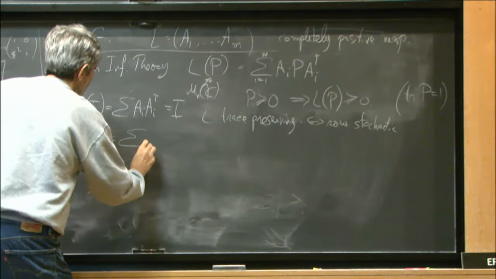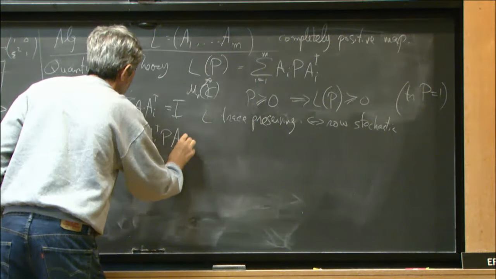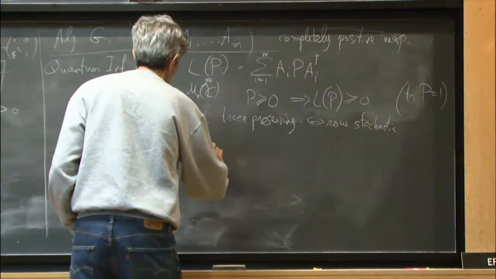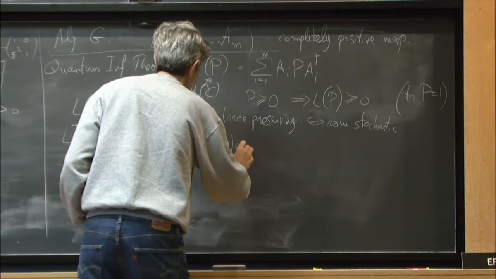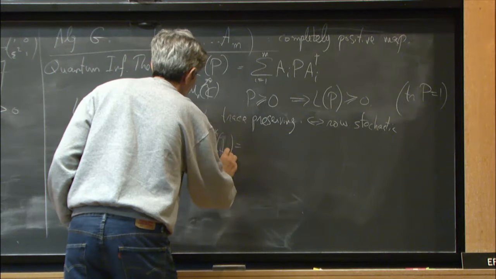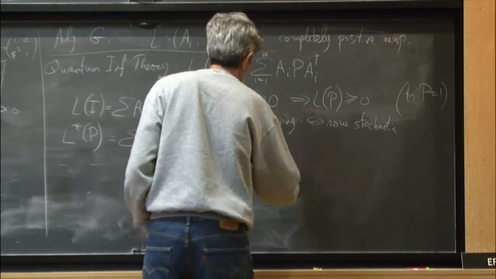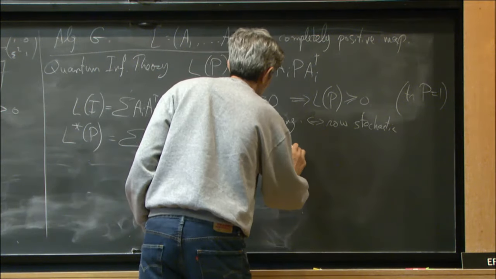So this is the sum of AI dagger P AI. If L star of I is I, then L star is preserving trace, and this is column stochastic.